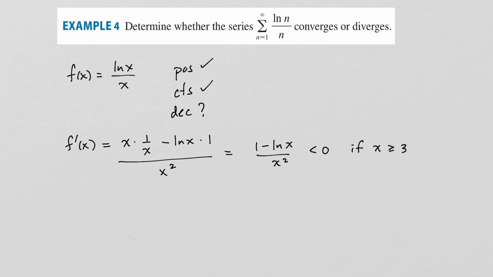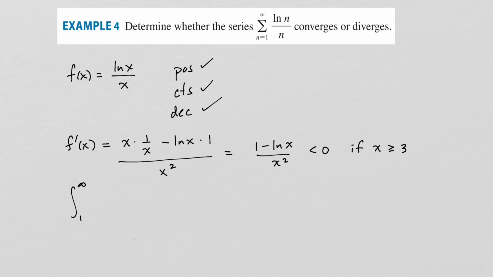In other words, the natural log of 3 is a number bigger than 1, and then when you subtract that from 1, you will get a negative number, and for any number beyond 3, natural log is also a number bigger than 1. So it doesn't have to be decreasing right away. It has to be decreasing eventually. So it is a decreasing function eventually. Therefore, it satisfies all the hypotheses of the integral test.